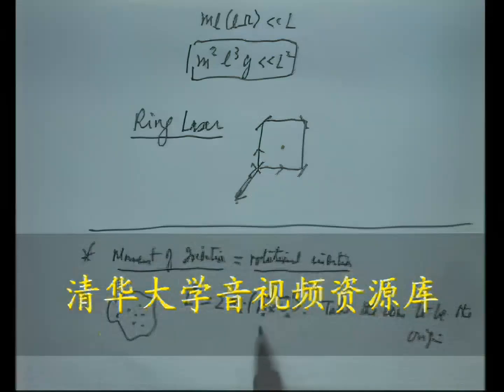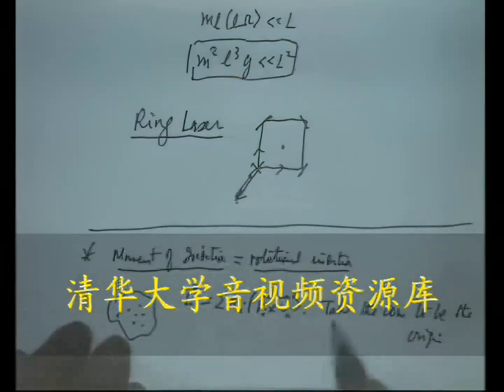Let's write Ri prime, Vi prime as the coordinate and velocity with respect to a stationary origin.